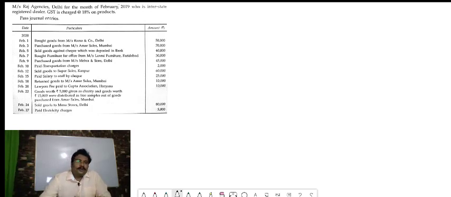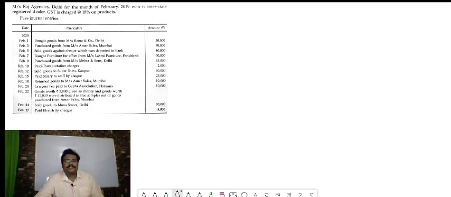Today we are going to solve one GST question also, and in this particular question you can see that the transactions are not done from a single state. It is done from Delhi, it is done from Uttar Pradesh, it is done from Mumbai. I told you in the last class, when the transaction is done within the same state, then CGST and SGST will be charged.